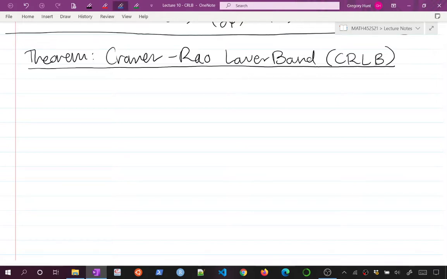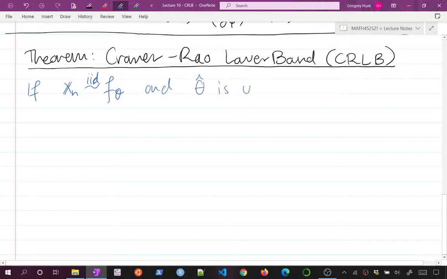So what's the theorem? The theorem says that if I have my setup, I have some random sample. It's from some distribution f theta, parameterized by parameter theta. And let's say theta hat is unbiased for some function. We're going to write this generically. You know what? Let's write it in two versions.